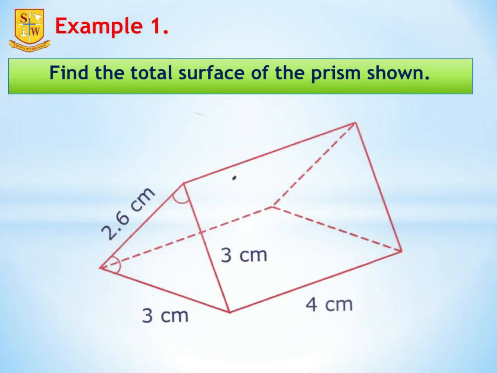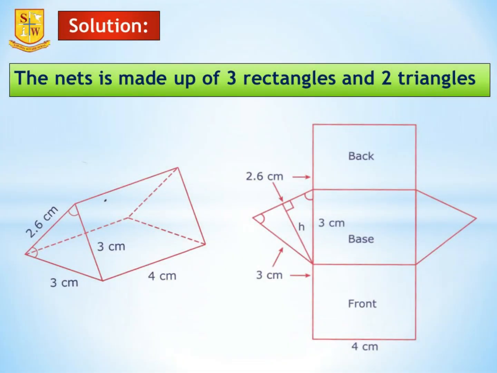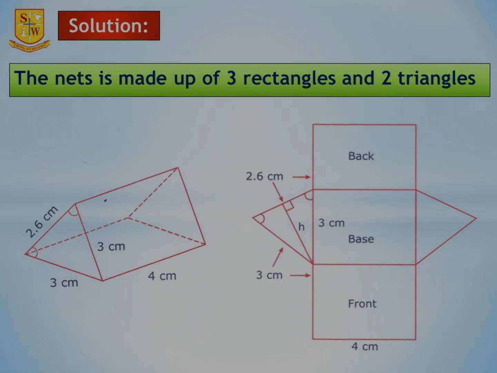Find the total surface area of the prism shown, with a base of 3 cm by 4 cm. Here is the solution. First, you need to find the net of the triangular prism, which is made up of 3 rectangles and 2 triangles: the back, the base, the front, and the two triangles.